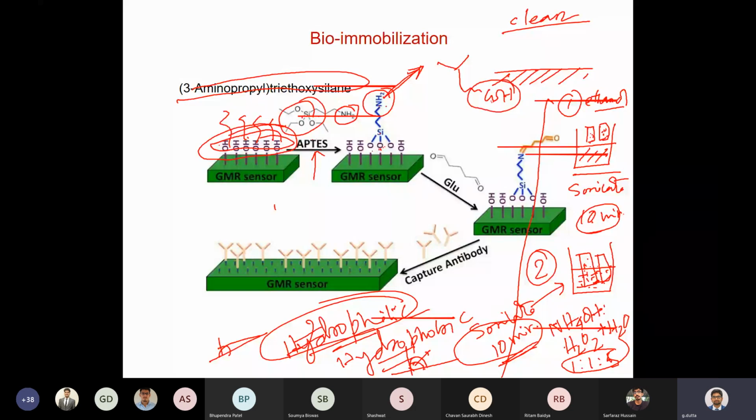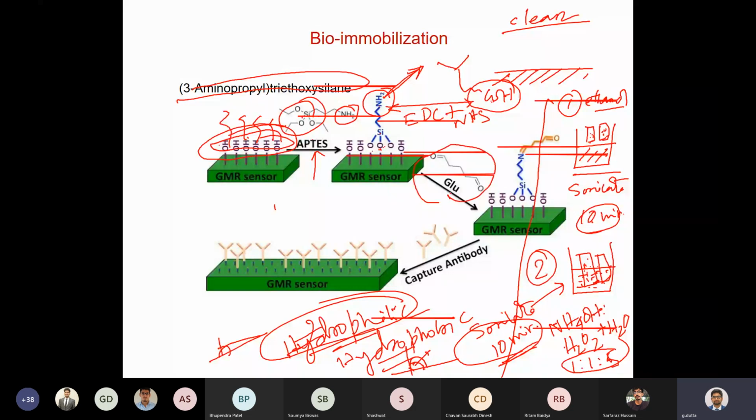Or, you can make this reaction more effective by using another chemical, GLU, which is glutaraldehyde. Glutaraldehyde has two aldehyde groups, one on each terminal.